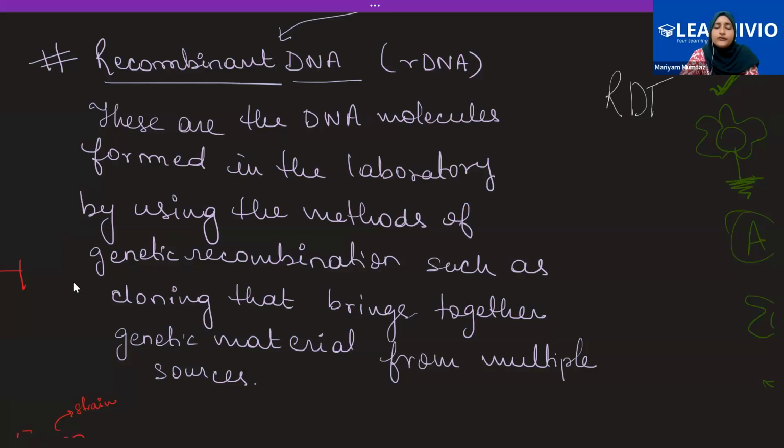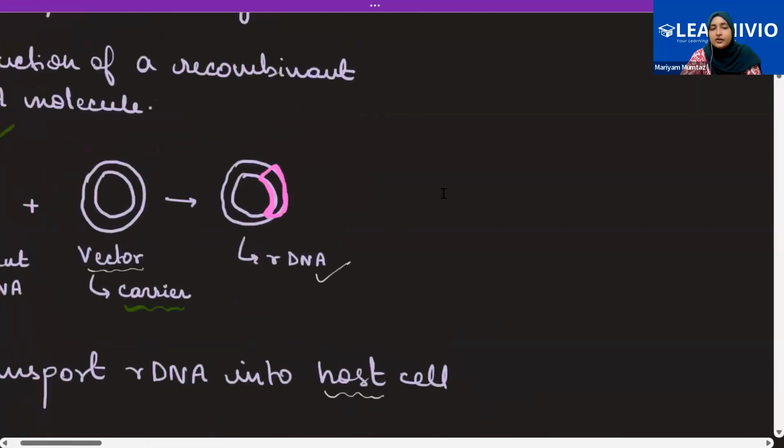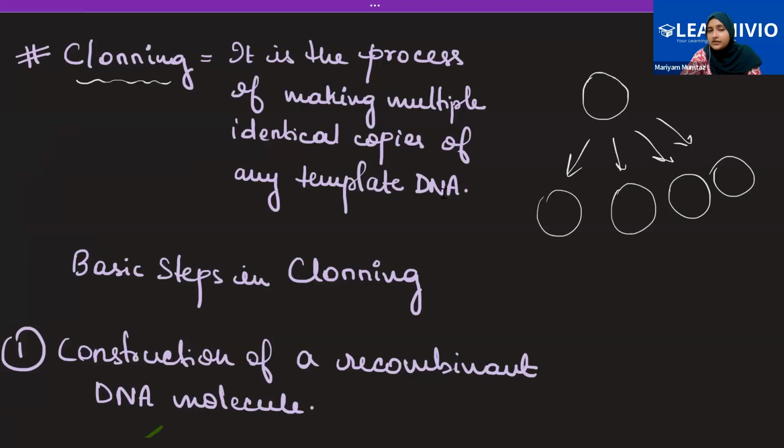Now, there are a lot of raw materials and steps that go into making the recombinant DNA. First of all, if you remember, in the previous class I told you about cloning. Cloning is a process of making identical copies, many identical copies.